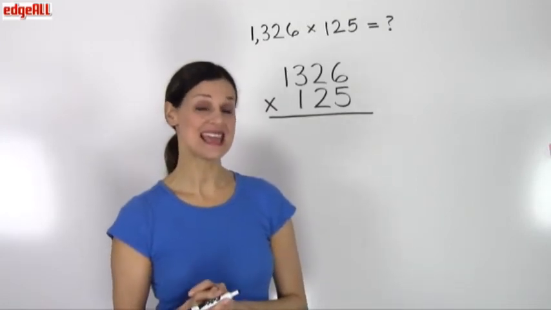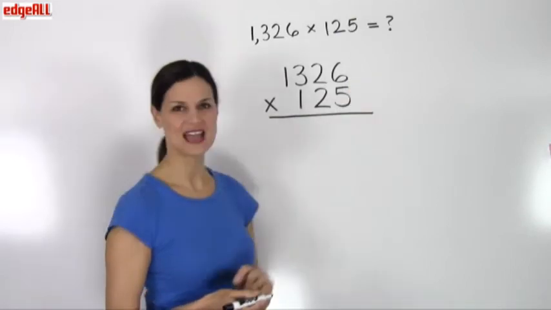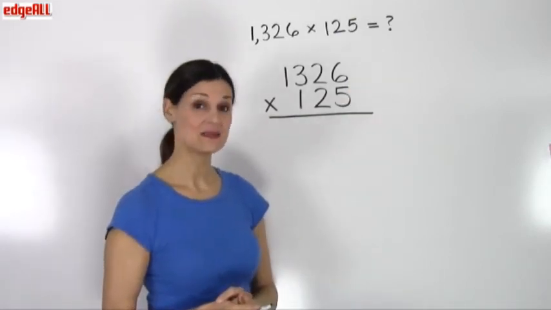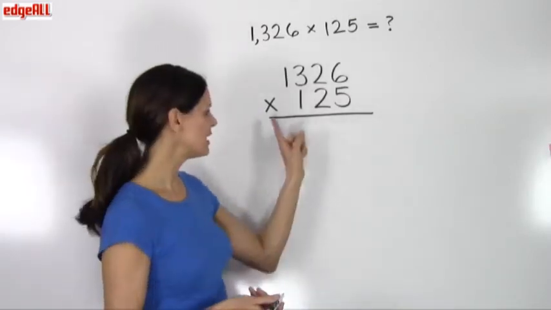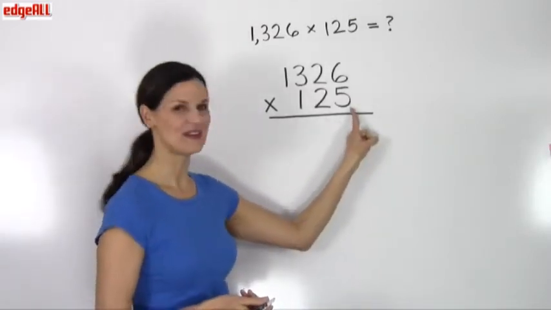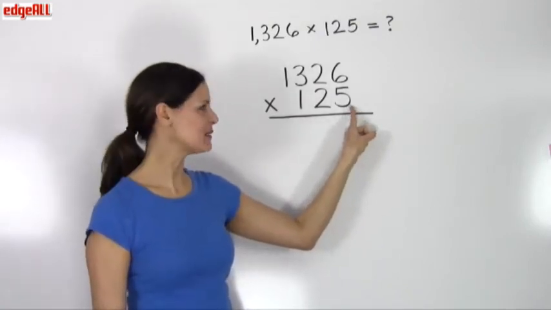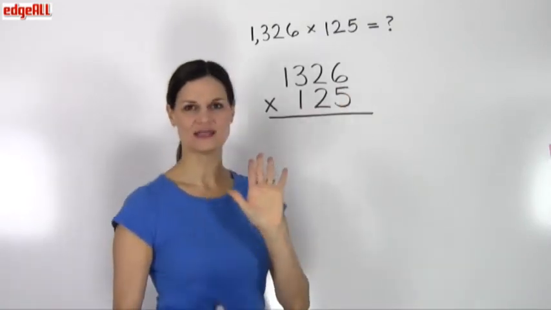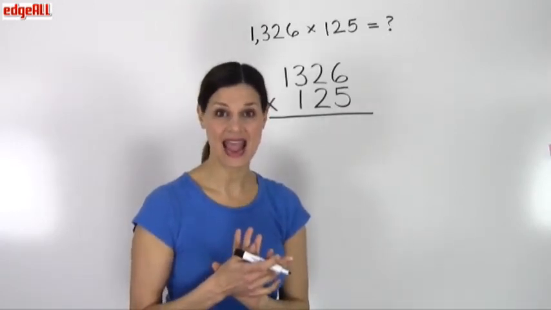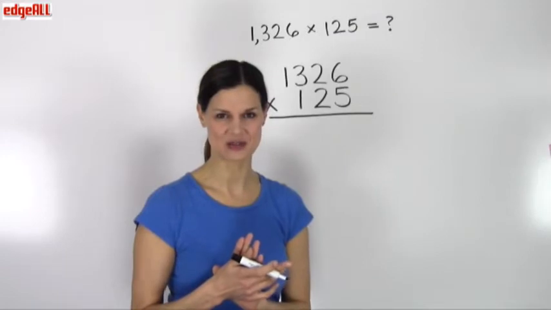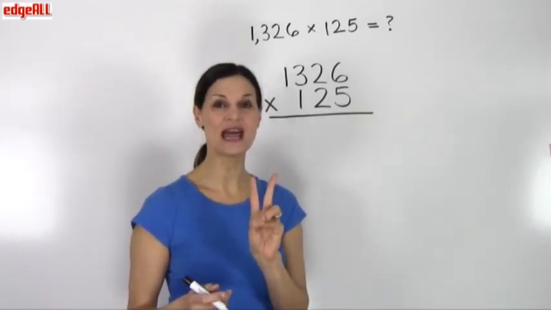So I'm going to begin by multiplying the 1,326 times the number that's in the ones place of my number underneath, so the 5. So I'm going to start out by multiplying each of these numbers by 5, and I want to be really careful now when I have an answer to one of my multiplication problems that's greater than 9, so it's a 2-digit number.